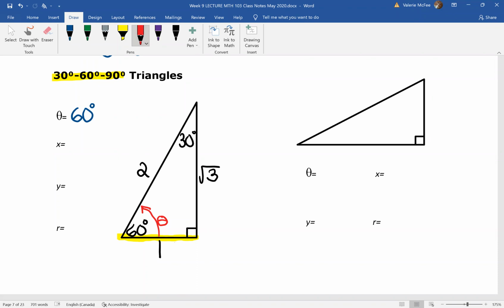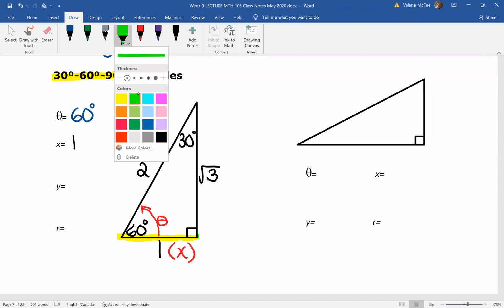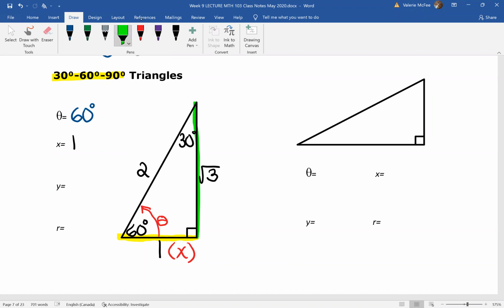So we see that x is equal to 1. We see that our vertical side is the side that corresponds to y. So we're going to say that y is the square root of 3. And r, the hypotenuse or radius, is 2.